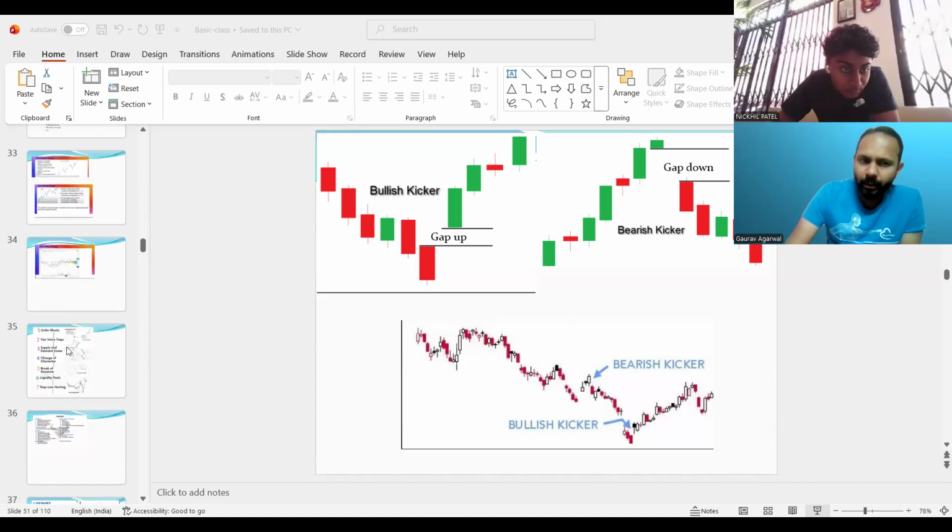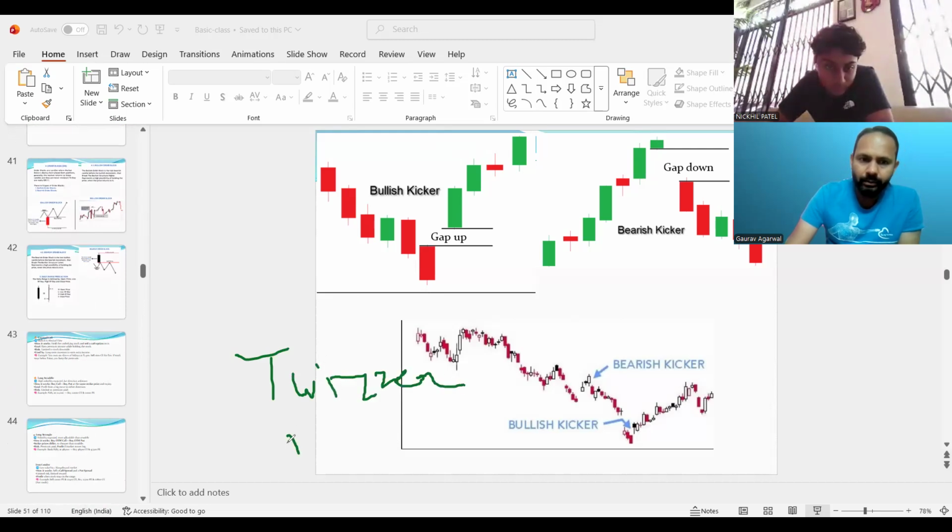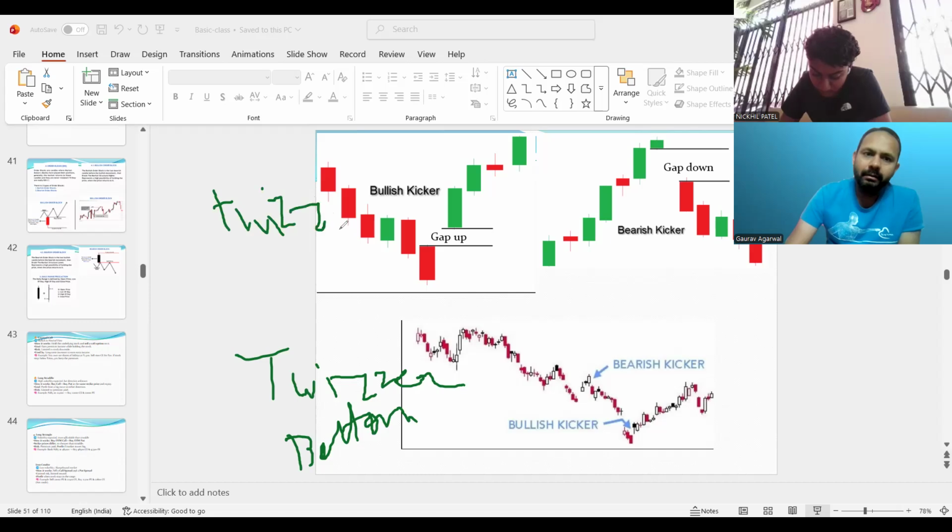Have you heard about the pattern called tweezer bottom? No, what is that? Tweezer bottom. And similarly, we have tweezer top.